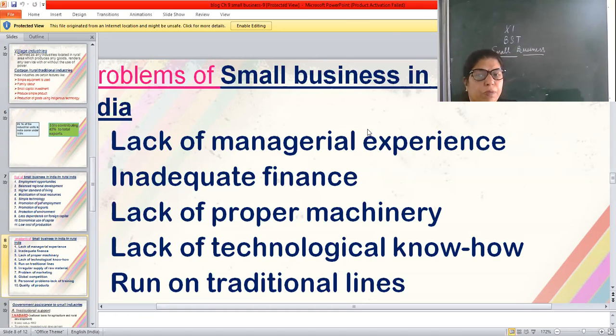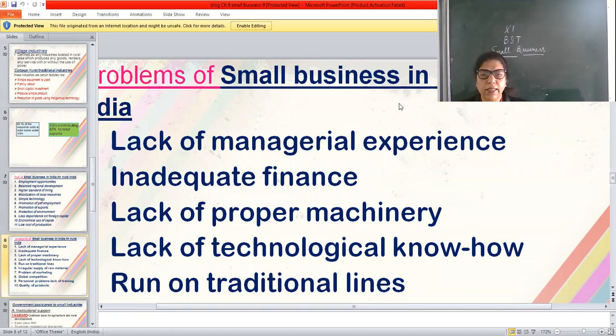experience. Lack of managerial experience means they have a lack of experience. They are working on small scale. Even if they want to go on large scale, they have to appoint various managers, but they are unable to afford it, because they don't have source of finance.